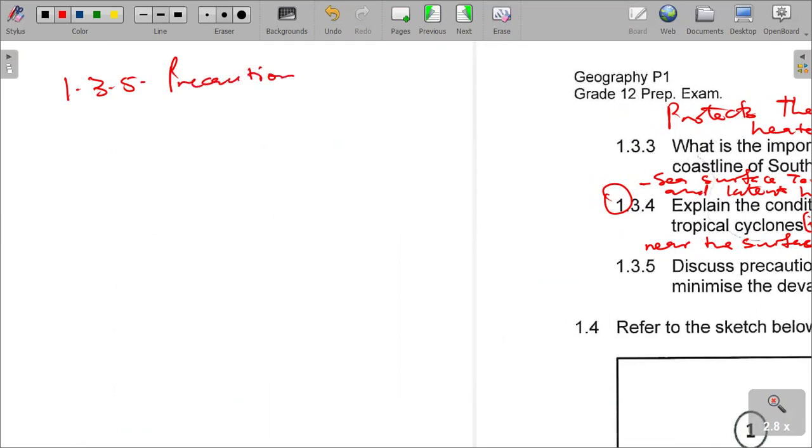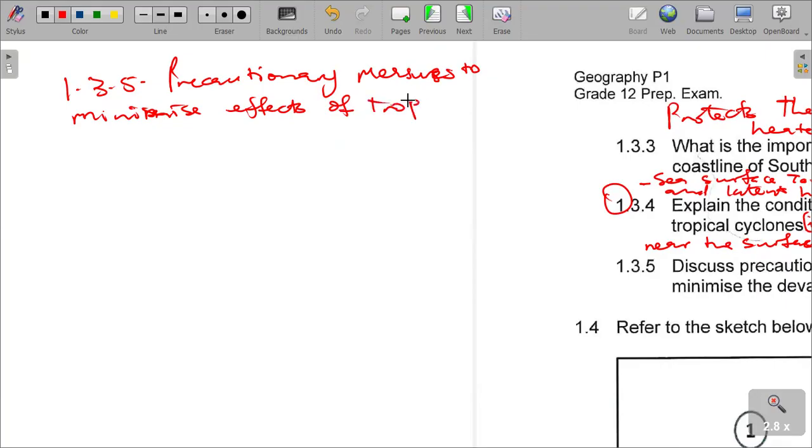Precautionary measures to minimize effects of tropical cyclone.